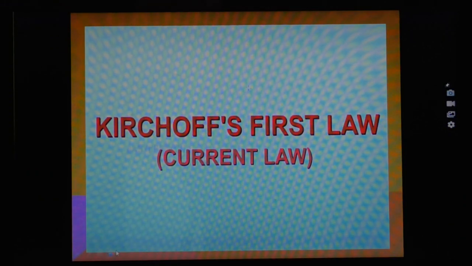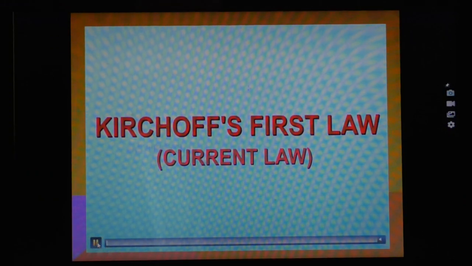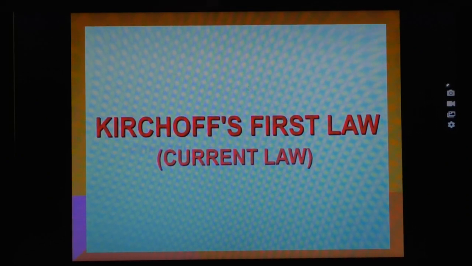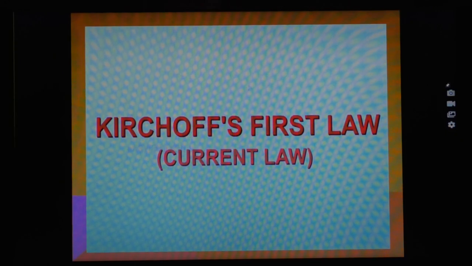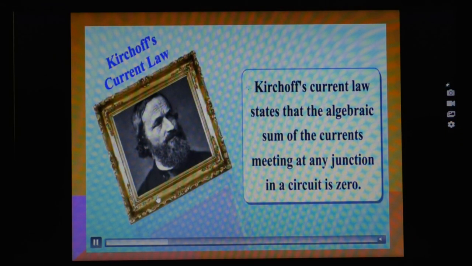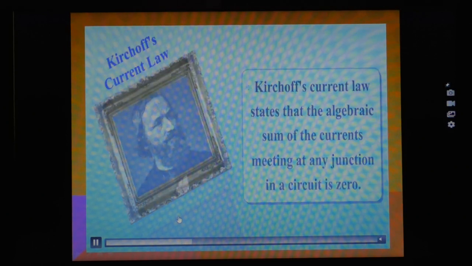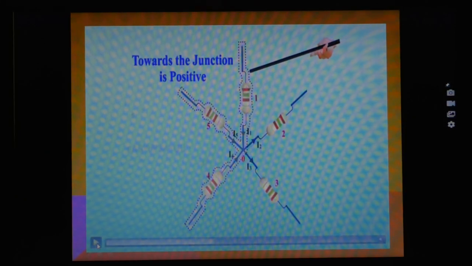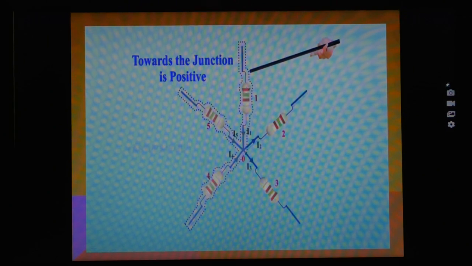So, we can have here another example of KCL law, that is Kirchhoff's law. And in case of this Kirchhoff's law, that is again sigma I is equal to 0. For this purpose, let me take here 5 resistors, 1, 2, 3, 4 and 5.